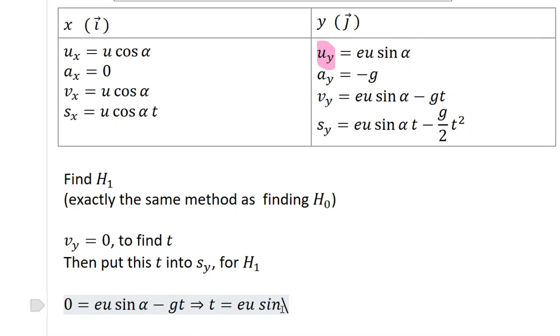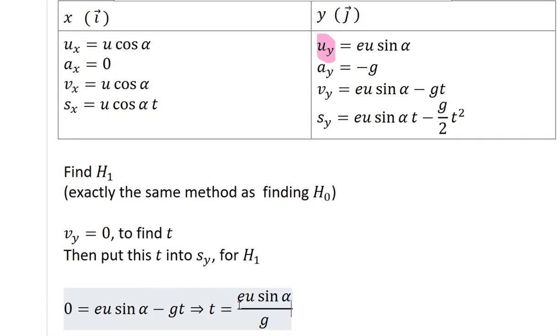Just give me a second. I want to be as consistent as possible, given that I'm all over the shop. eu sine alpha over g. So that's our time to get to the max height.